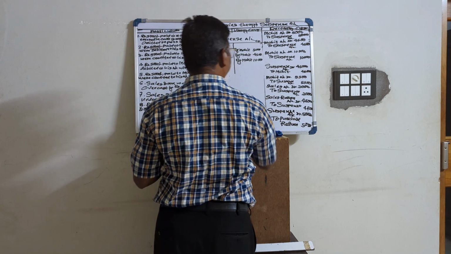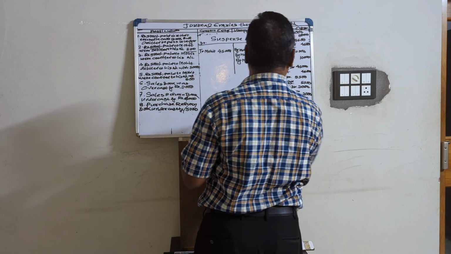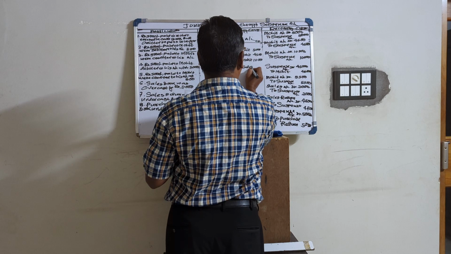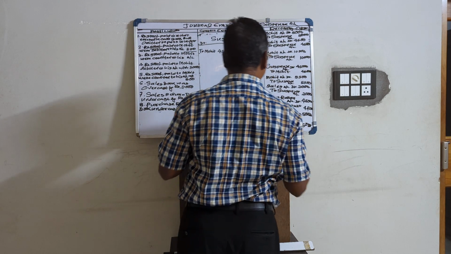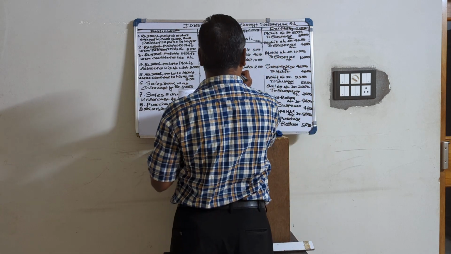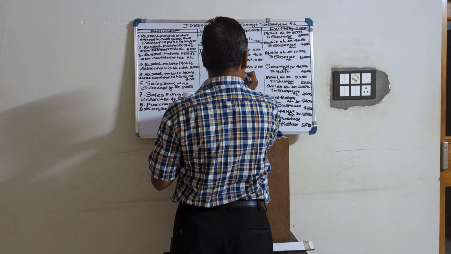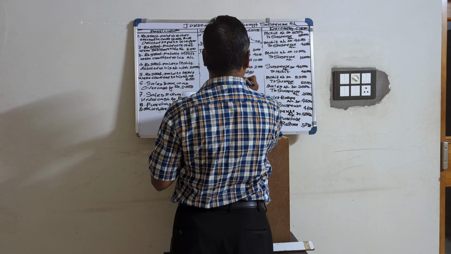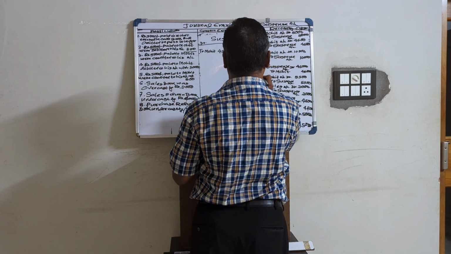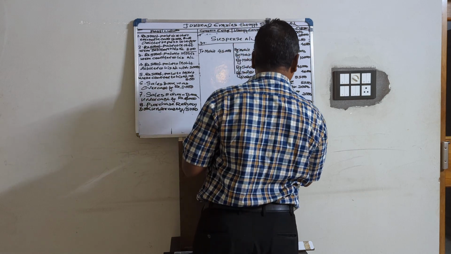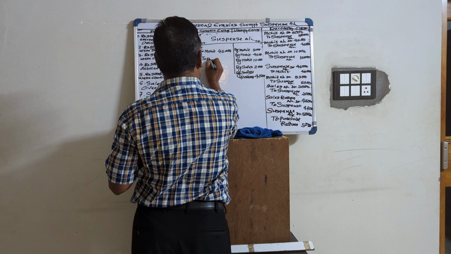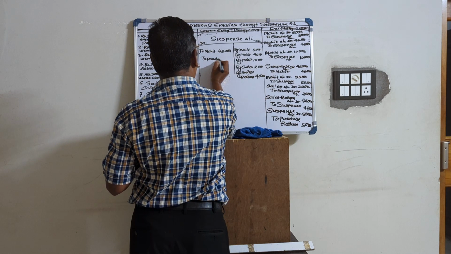Sales to suspense 2,000: suspense credited by sales, this is 2,000. Then sales return to suspense: by sales return, it is 4,000. Then another is suspense account debited to purchase return.